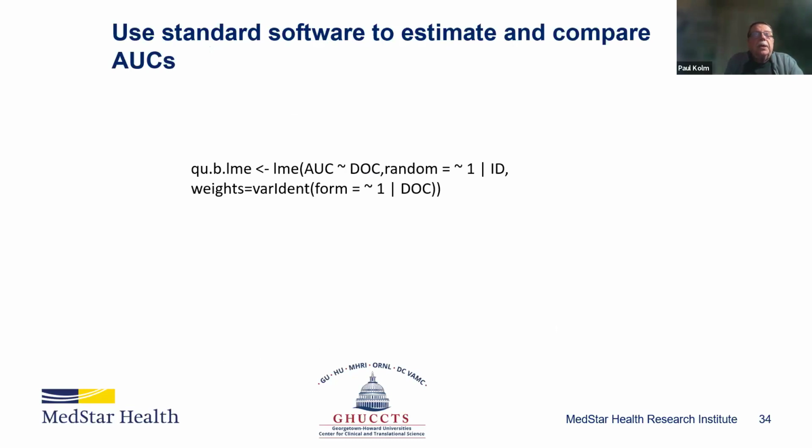And so we can use standard software here. I think I did this in S, but it would probably be the same in R, where we're going to look at AUC as a function of physician type.